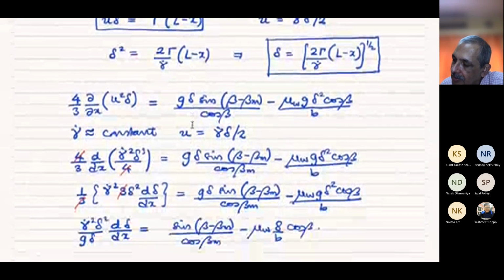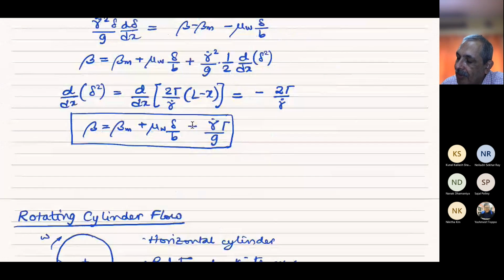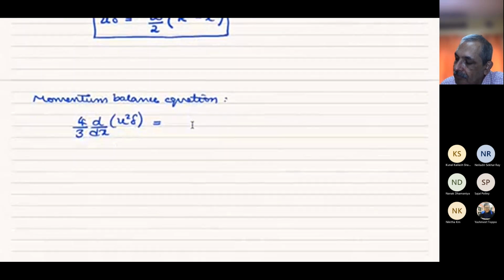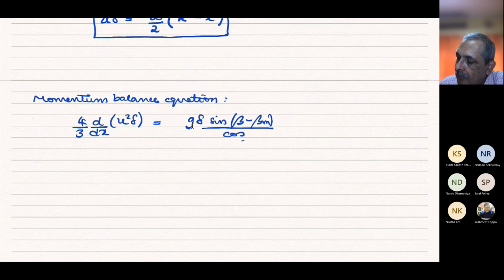So you can just see it's g delta sine of beta minus mu m divided by cos beta. And for the time being, I'm going to just neglect friction. So just as a simplification, you can write it like this.